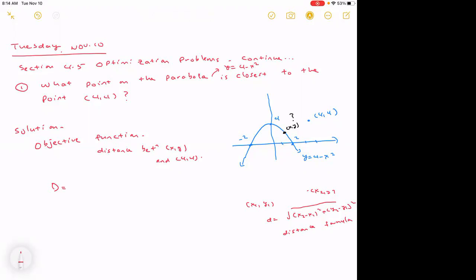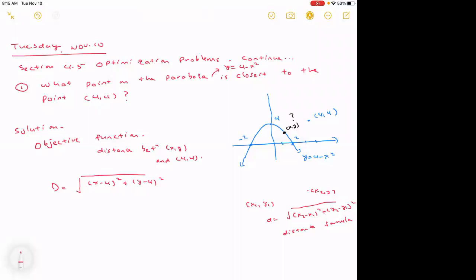So it is the square root of, you can call xy one point, and 4,4 is another point. For the distance, x minus 4 squared plus y minus 4 squared.